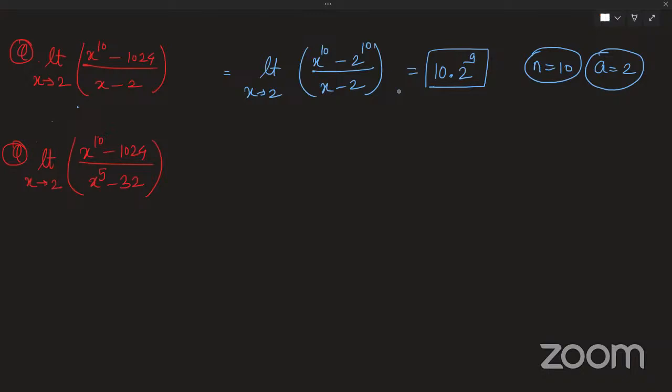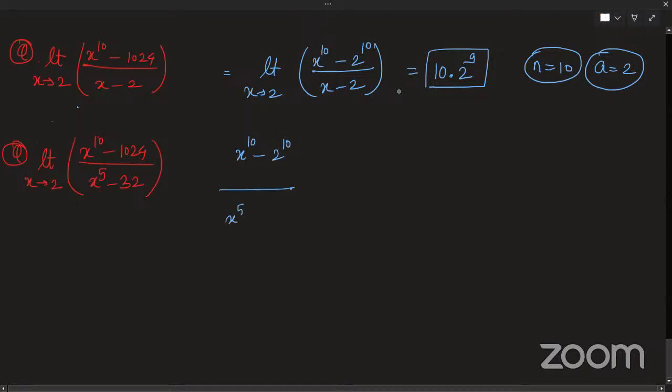Like we have x raised to 10 minus 2 raised to 10 divided by x raised to 5 minus 2 raised to 5. So I can just divide x minus 2 in the numerator and in the denominator, and evaluate these limits separately.